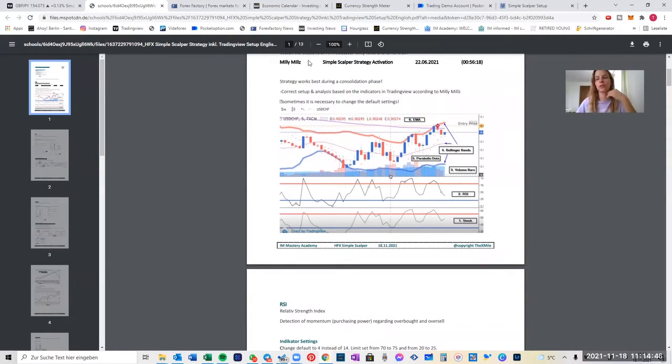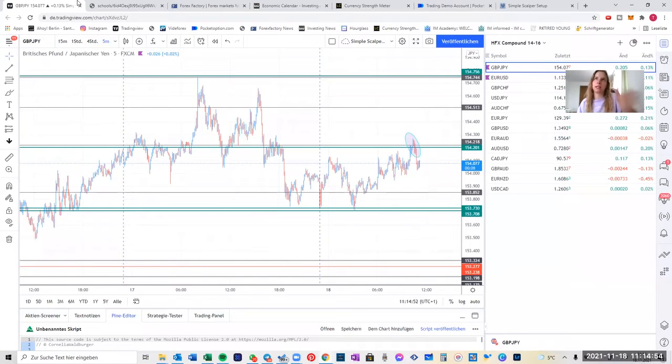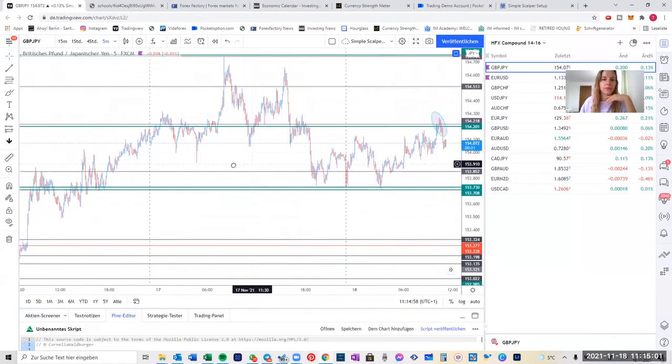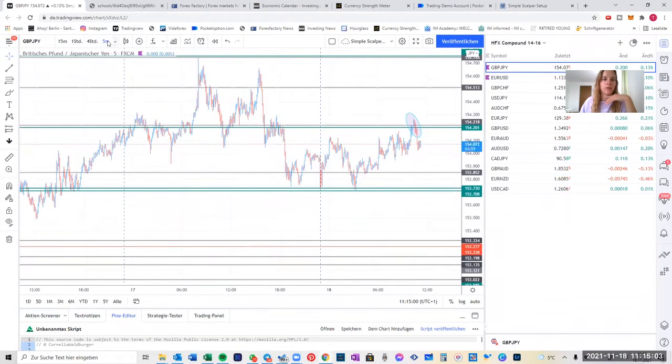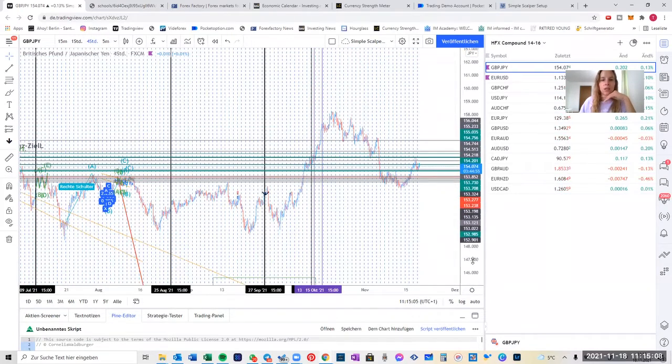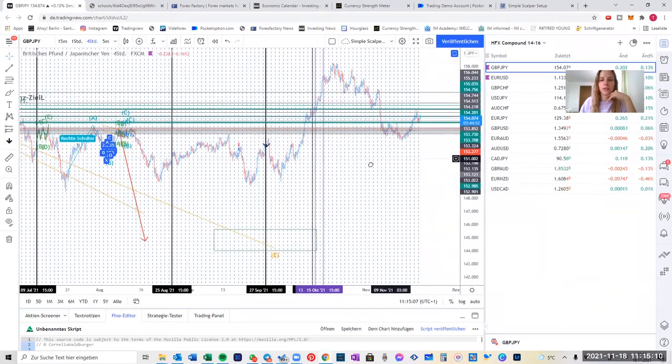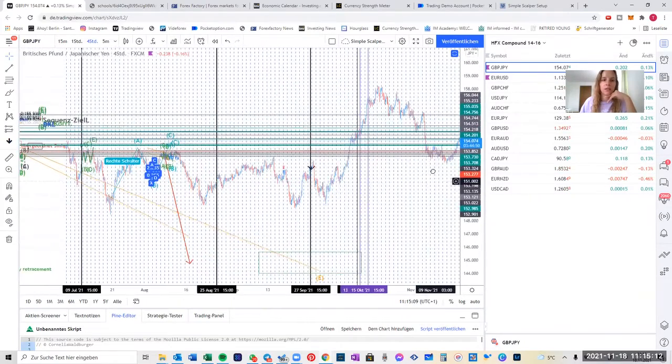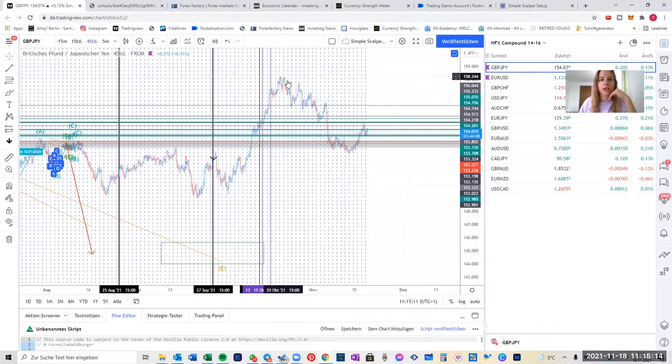For you to know, it's really important: this strategy works best in a correlation phase. That means when the market is not moving, not trending up or down. You see it better if you go to 4 hours and a higher time frame. Here you have a trending market because it's going down clearly.